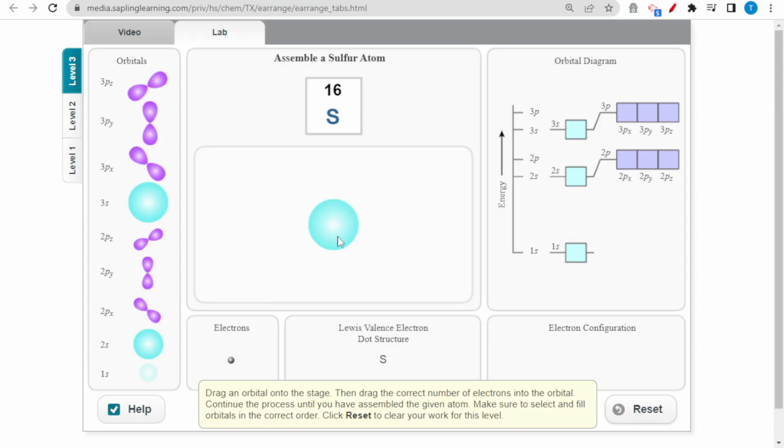So just imagine your 1s orbital is spherical, which means that 2 electrons occupy that spherical space. Then on top of that, you have the 2s with 2 more electrons occupying that spherical space. On the same energy level, the 2 energy level, you have p-shaped orbitals.